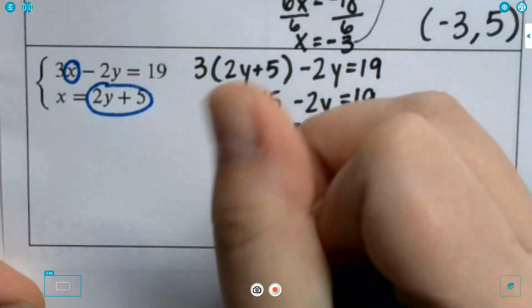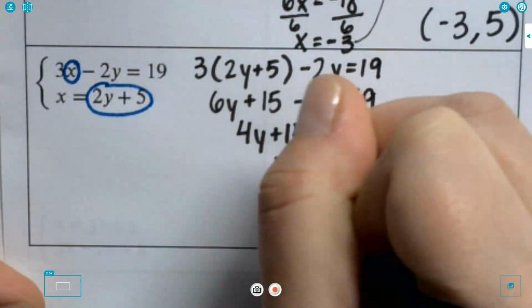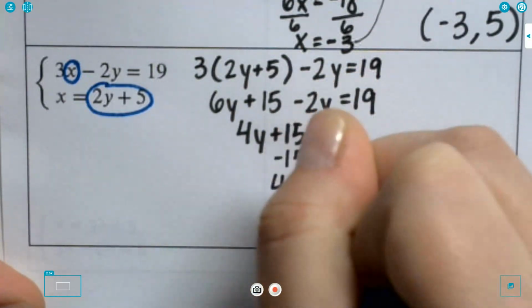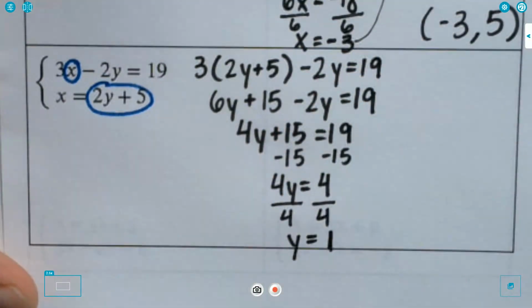I can divide both sides by 4. I will get y equals 1. Okay. Any questions on solving for y?